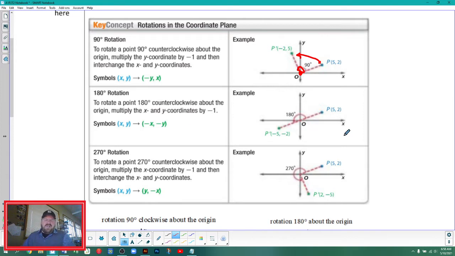For a 180-degree rotation, we multiply the x and y coordinates by -1, so (x, y) goes to (-x, -y). Now, if you notice, that is the same thing as taking this point and applying the 90-degree rotation rule.